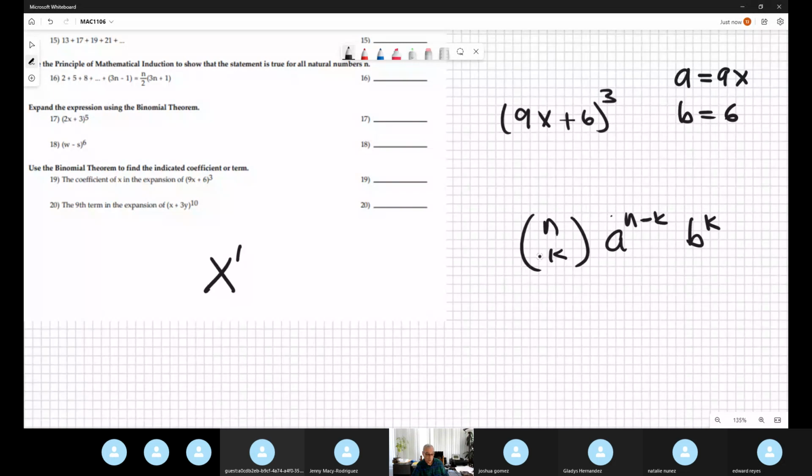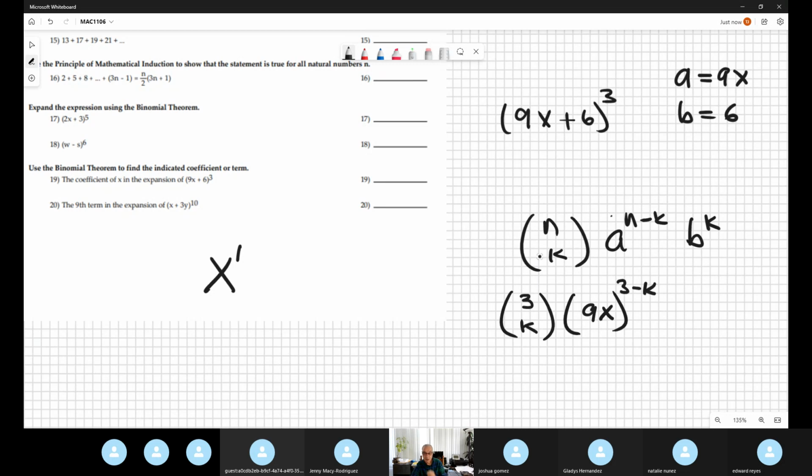Entonces I suppose in my imagination, bueno, okay, n is 3, es obvio. K, no idea, because I have no clear in what position is. But a is 9x raised to the n minus k. Pero n is 3. Sorry. N is 3.